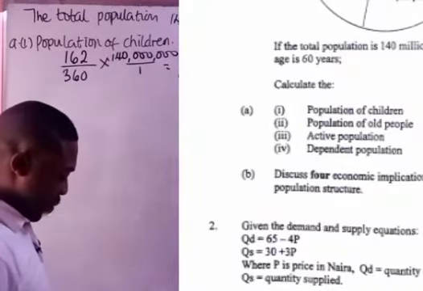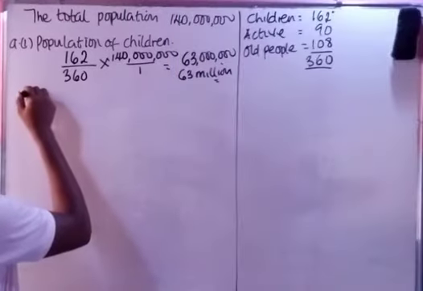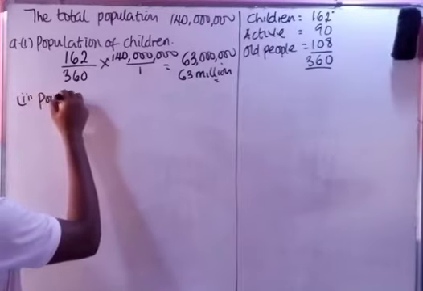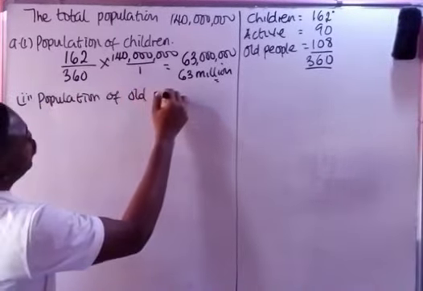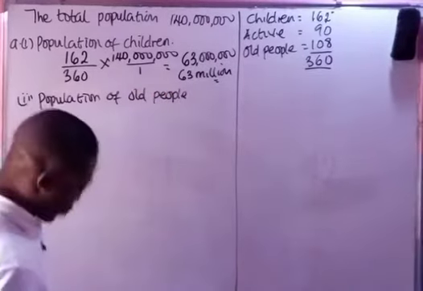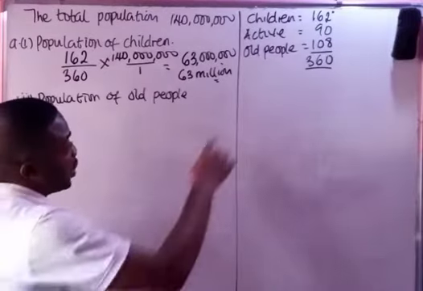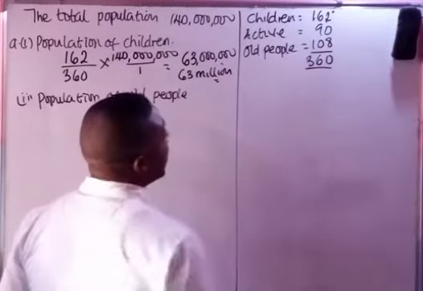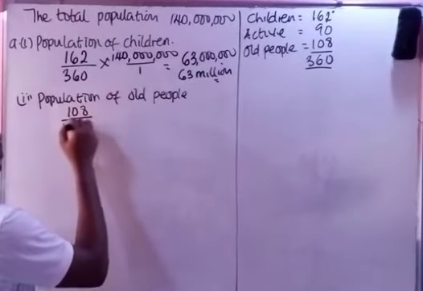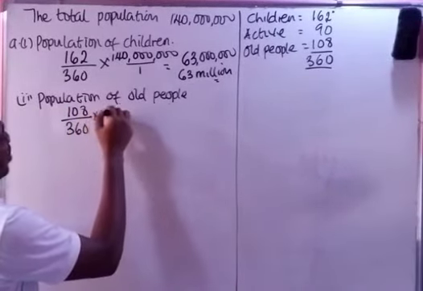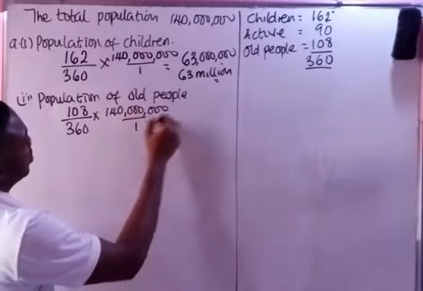The second one said population of old people. Now we're going to also check. Old people have a degree of 108. So it will be 108 divided by 360 times 140 million.